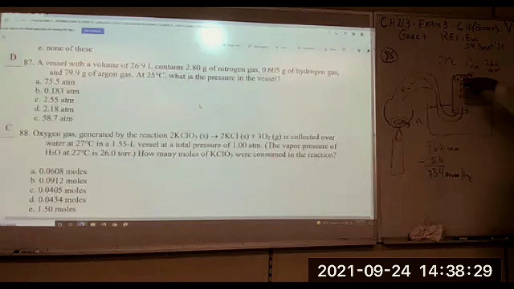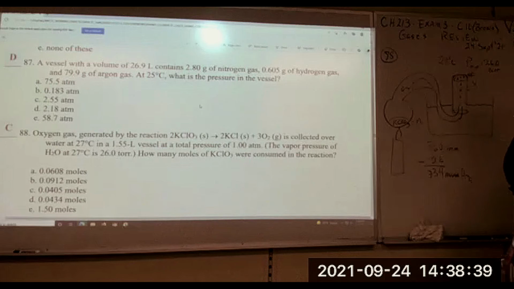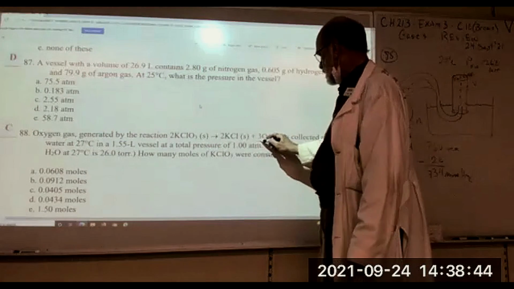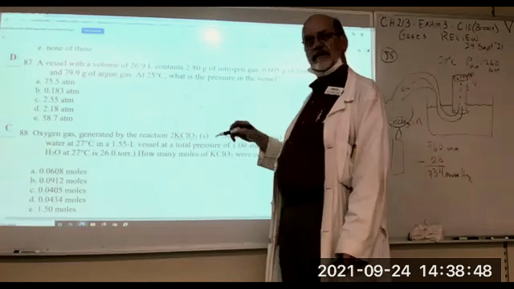That's the actual pressure of oxygen in that container. Right? Okay. Now, do we have enough information to solve this problem? What are we going for? We're trying to find out this, right? So that we can use stoichiometry and find out that.